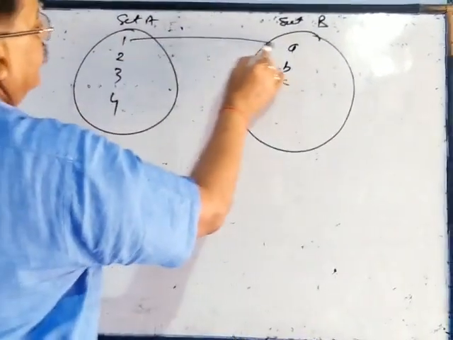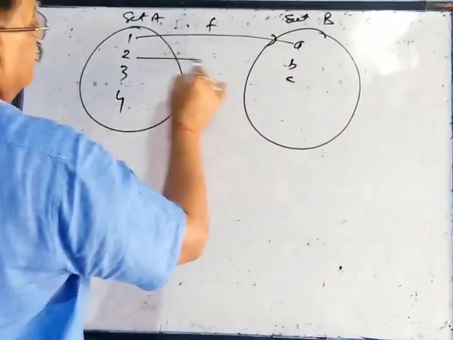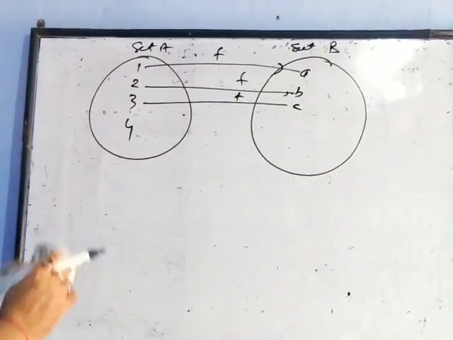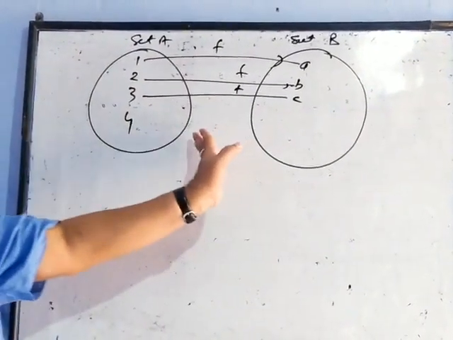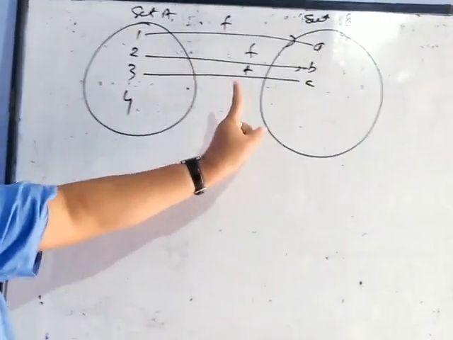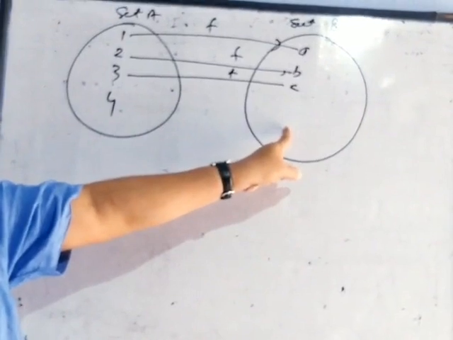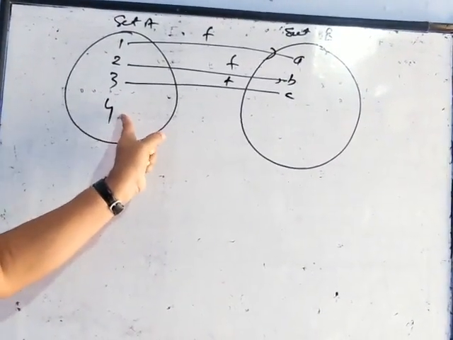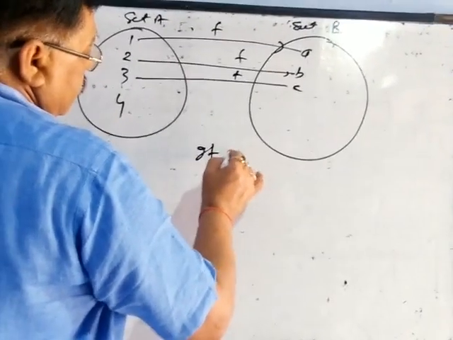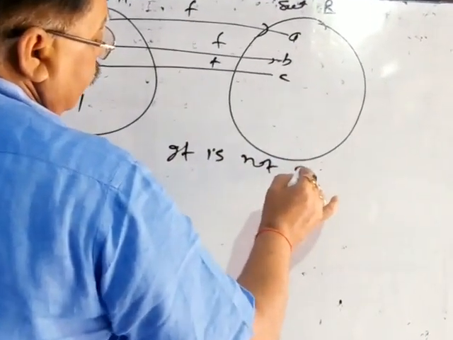If 1 is related to a under function F, and another element is related to c under function F, it is not a function, students, because 4 is not associated with any element of set B. So 4 is left, so it is not a function.